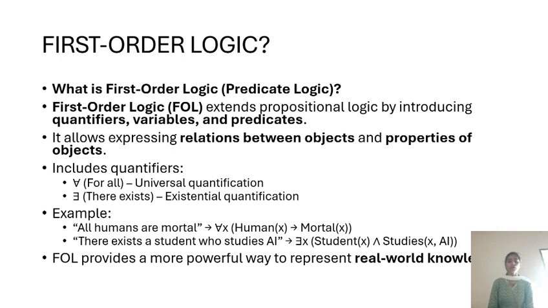Example, all humans are mortal. Here we use for all x, human(x) implies mortal(x). There exists a student who studies AI: there exists x, student(x) and studies(x, AI). Here x is the student. FOL provides a more powerful way to represent real world knowledge.